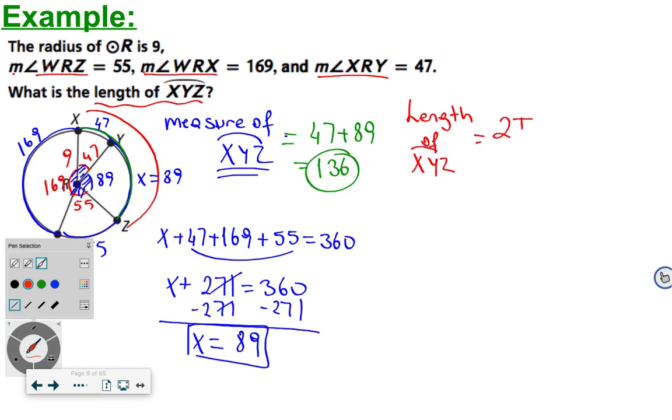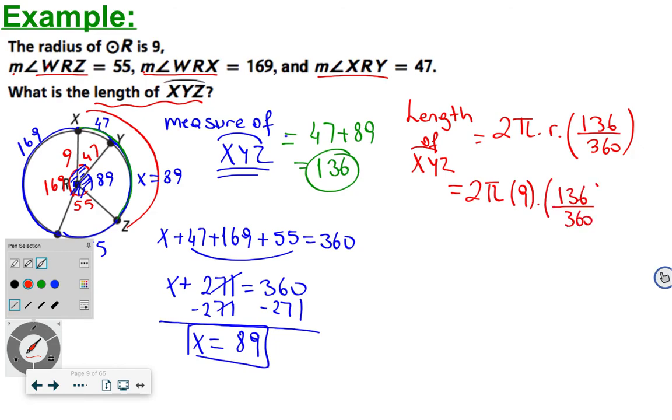How? 2 times pi times r times, what is the measure of the whole angle? 136 over 360. Do I know the radius? Yes, substitute. 2 times pi times radius 9 times 136 over 360.